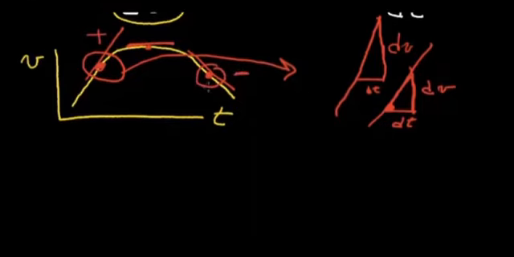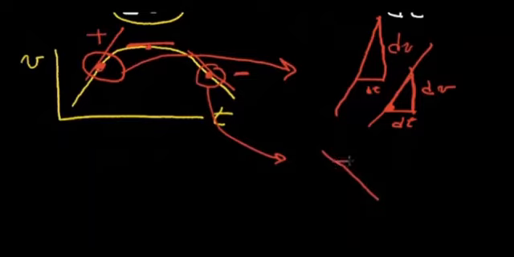Let's blow up this region. And the curve is looking something like this. So if I take a small change in time and a small change in voltage, my dV in this case is negative because my voltage is decreasing.